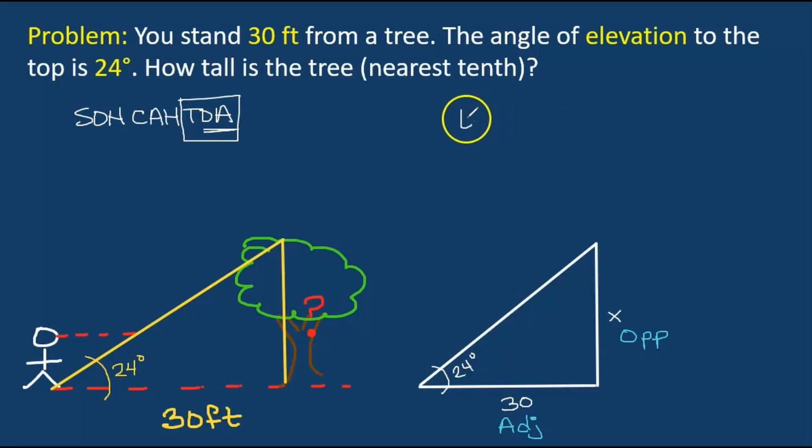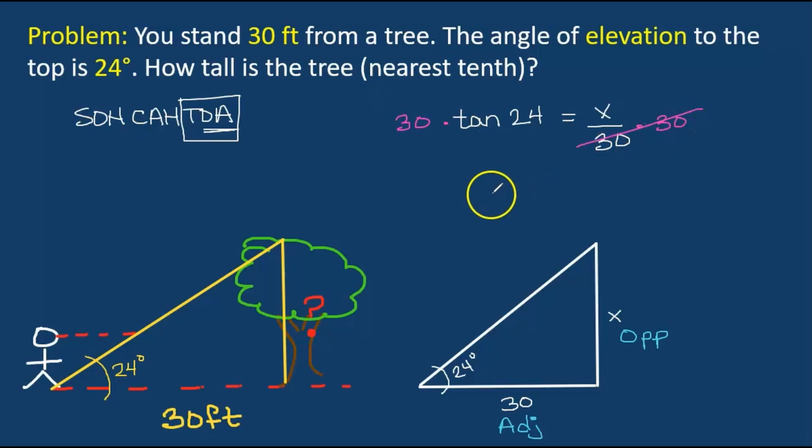So I'm going to set this up with the tangent of 24 degrees equals opposite over adjacent, x over 30. Now I need to simply solve for x. To do that, I am going to multiply both sides by 30, like this.